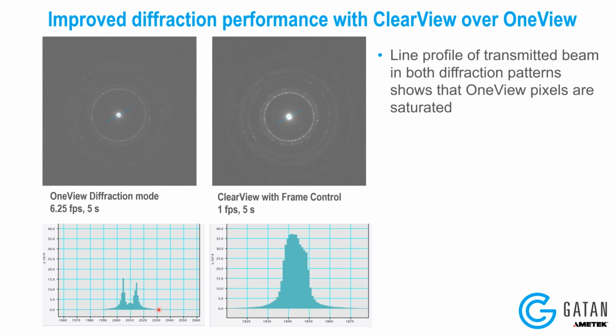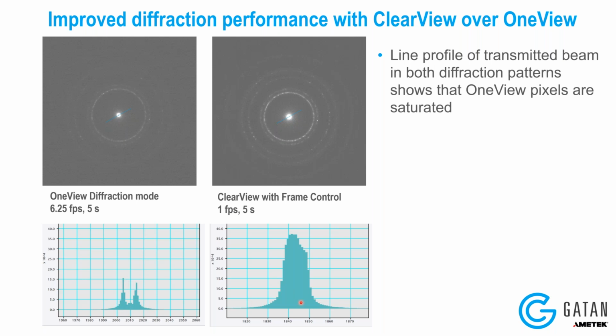On the left-hand side, one thing we can tell is that the transmitted beam of the OneView image is saturated, because you have this sort of Gaussian shape you expect, with a peak and then a minimum, and then this peak again here. And you can tell that it's saturating at relatively low counts compared to the ClearView camera.